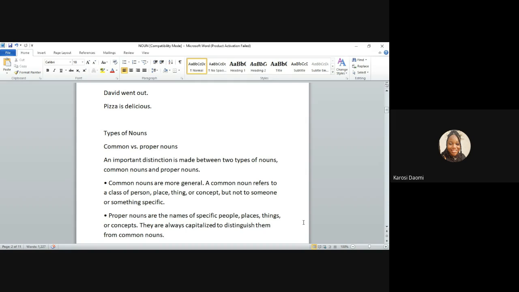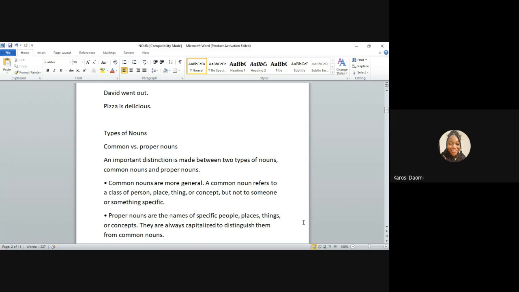It's general. Now, proper nouns, on the other hand, are names that are given to specific people, places, things, or concepts. So proper nouns are specific names given to people, places, things, animals, while common nouns are the general names that you refer to either people, places, things, even animals.